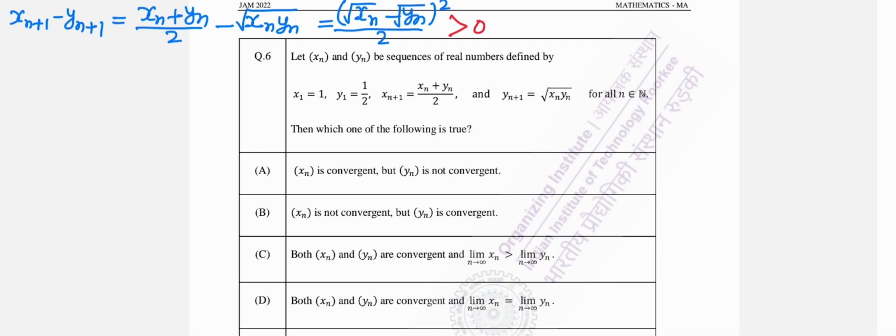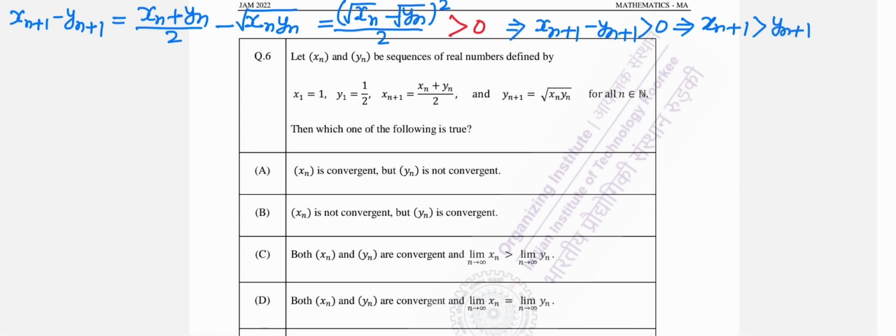Okay, and this implies that x n plus 1 minus y n plus 1 is greater than 0, which means x n plus 1 is greater than y n plus 1.